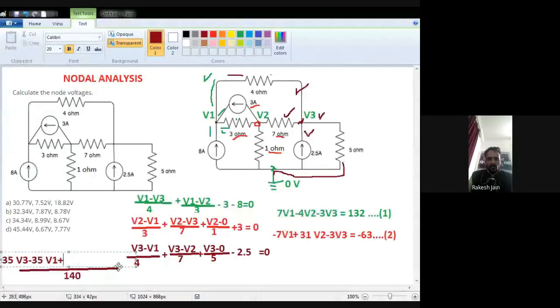We will again cross check it after the completion of this, plus 28 times it will divide for the 5 ohm, so 28 V3 will be there.